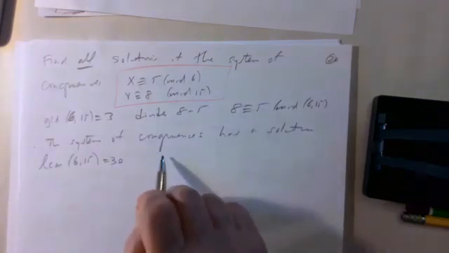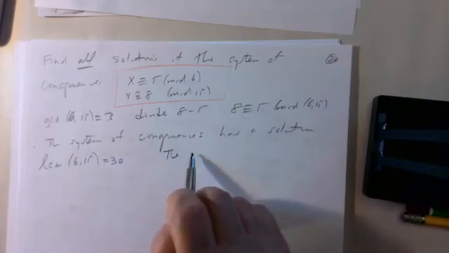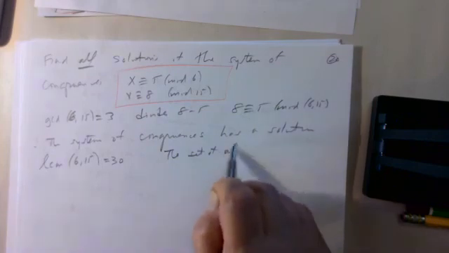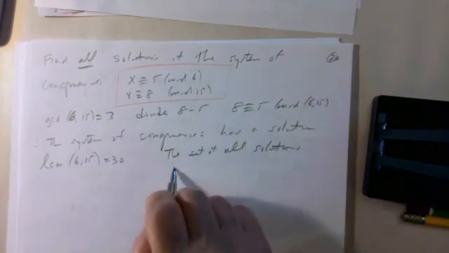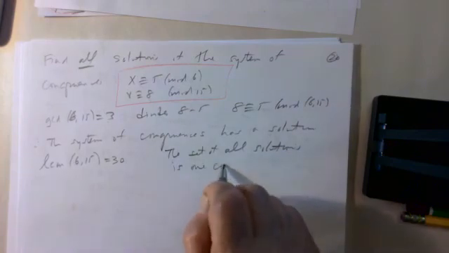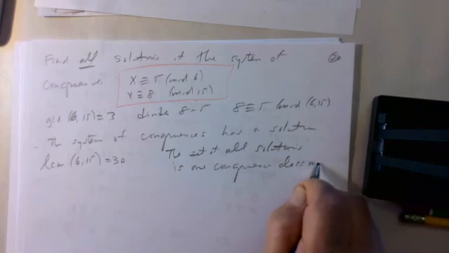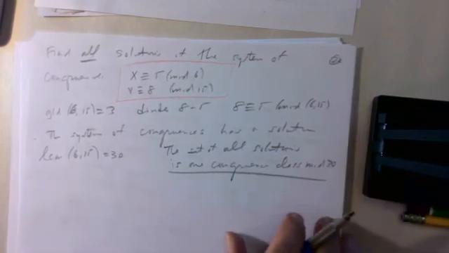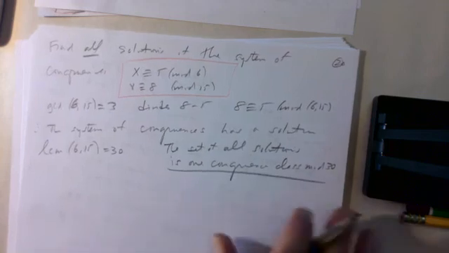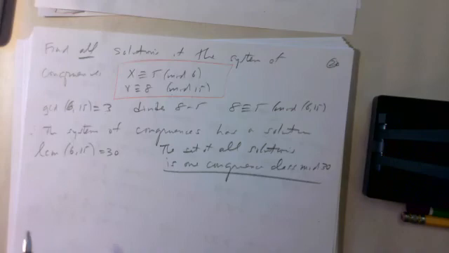So the set of all solutions of the system of congruences is exactly one congruence class mod 30. So once you find one solution, you can find all solutions.